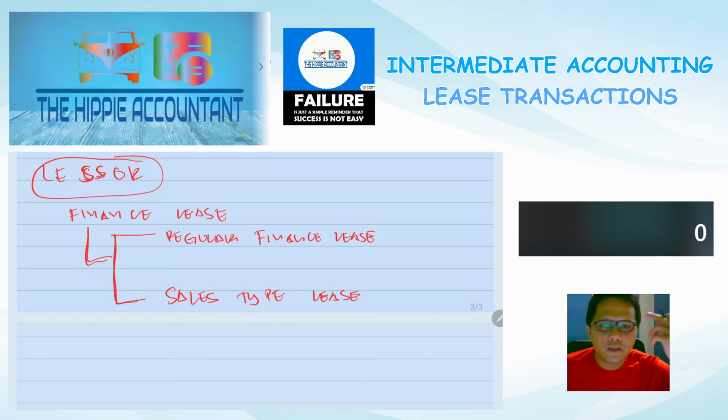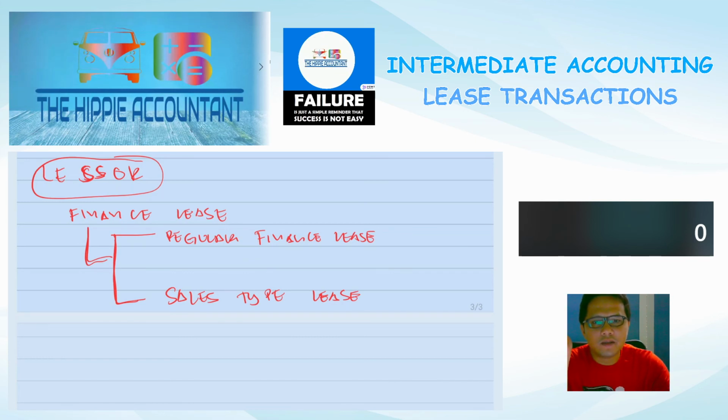Regular finance lease and yung sales type lease. So, ano yung kaibahan? Now, you have to remember this because ito yung dapat makita natin sa problem, no? Kasi nga, iba din yung treatment pag regular and sales type lease pagdating sa lessor.